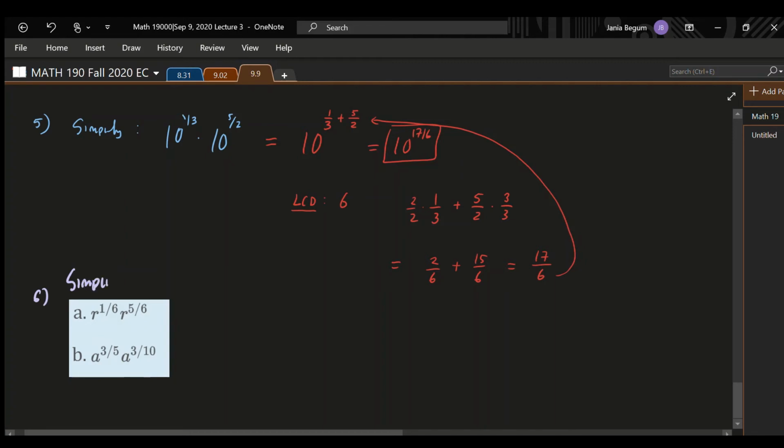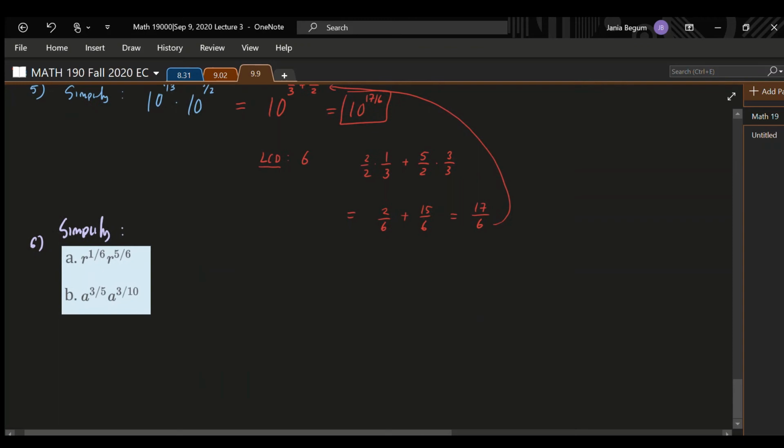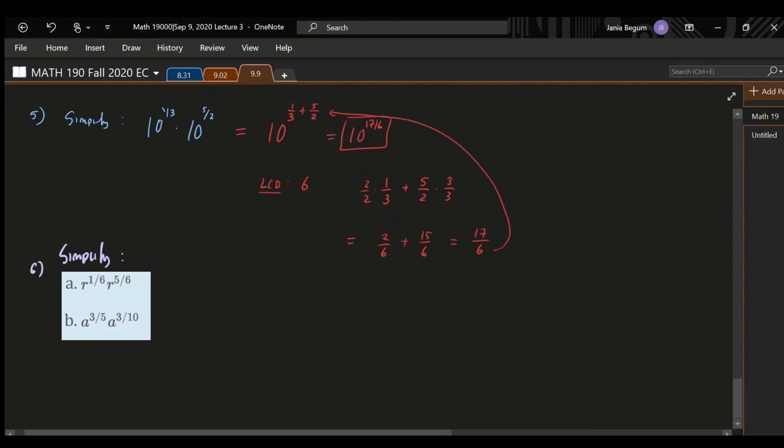Simplify. All right, so let's start with 6a.